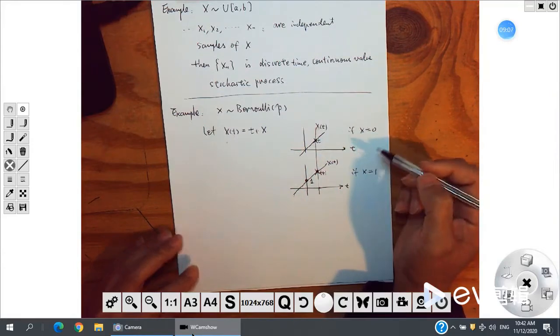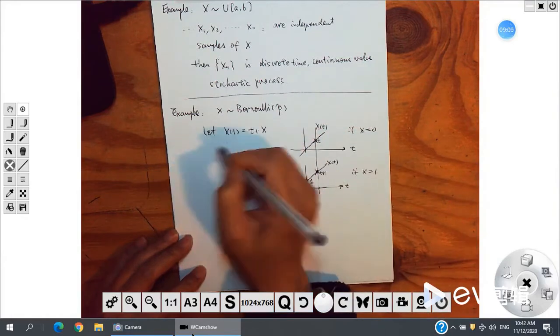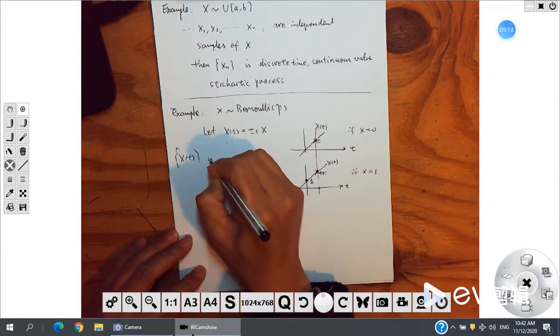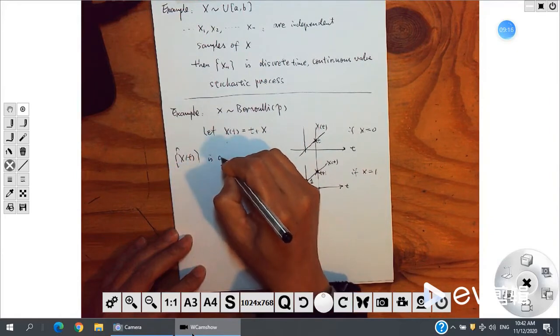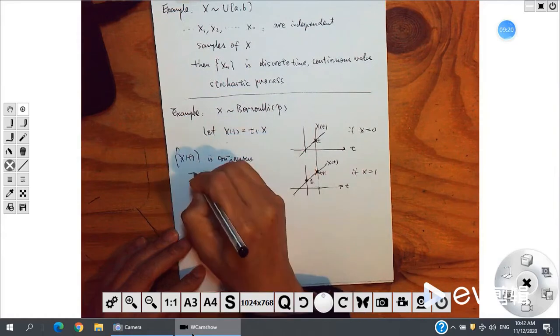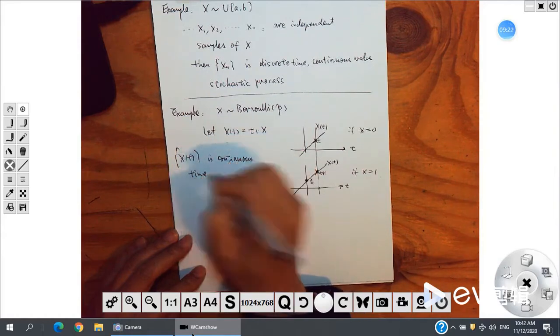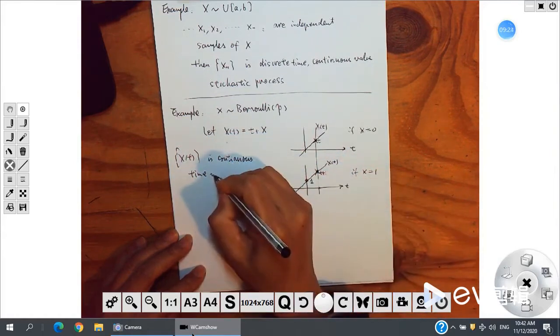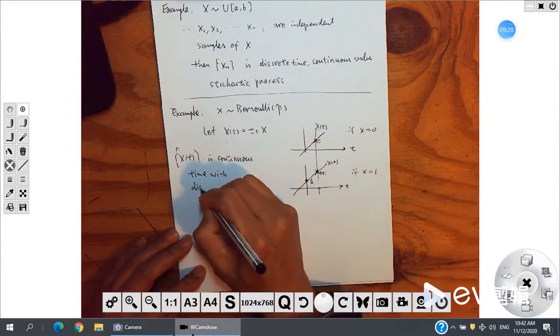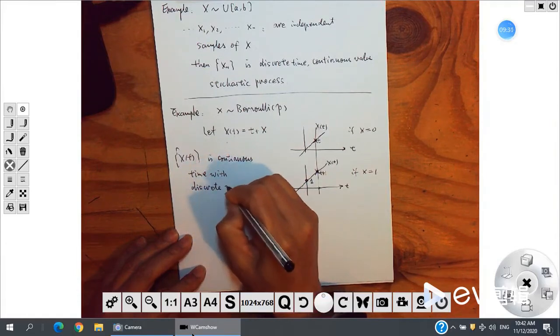But this time, this x of t is continuous time with discrete values.